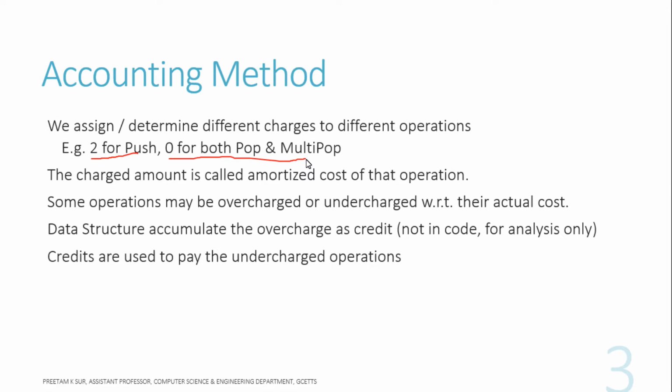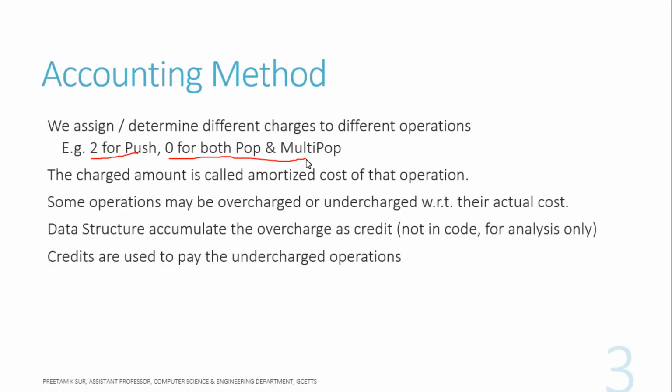So the push operation is giving credit to the data structure, and whenever the pop and multi-pop operations are called, the actual cost is paid from that credit. This credit is just a concept, for analysis only. You do not have to implement this credit in the code. Whenever you have a stack, you do not have any property called credit for it.